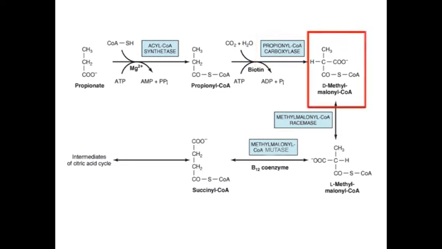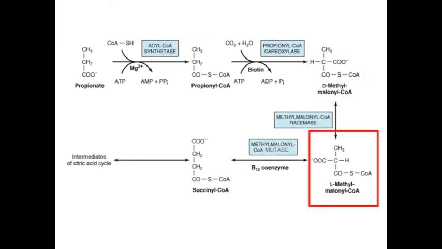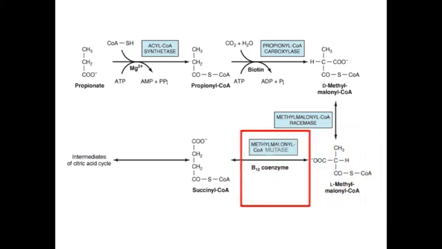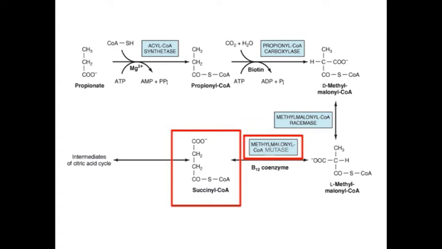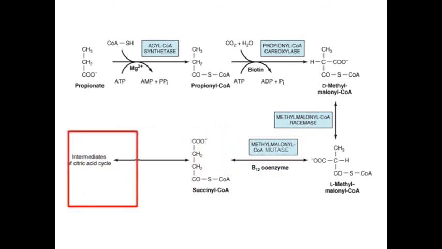This methylmalonyl-CoA is then enzymatically epimerized to L-methylmalonyl-CoA by the enzyme methylmalonyl-CoA racemase. Next, the L-methylmalonyl-CoA undergoes an intramolecular rearrangement to form succinyl-CoA. This reaction is catalyzed by methylmalonyl-CoA mutase, which requires coenzyme B12, and the succinyl-CoA finally enters the citric acid cycle.